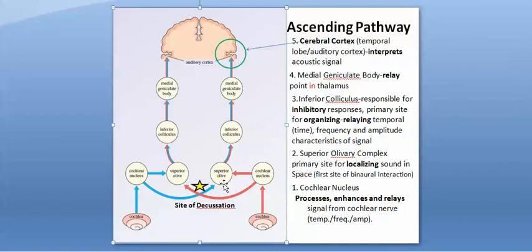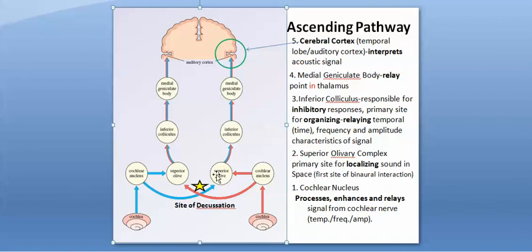And that's important, and this will help you remember it. You need to have information from both cochlea to be able to interpret where information is coming from in terms of which direction. So you need two ears. You need binaural hearing to be able to localize sound, and you need to be able to process it on both sides. So we need this decussation to occur in order for that sound localization to happen.